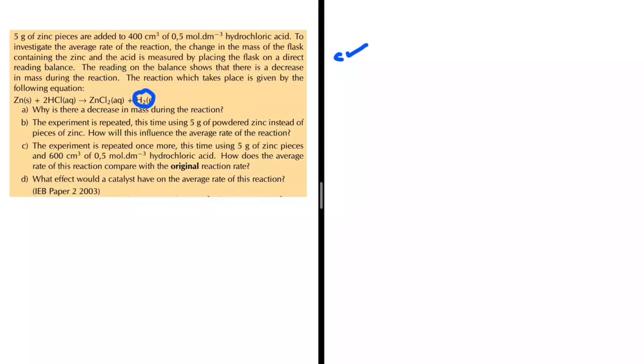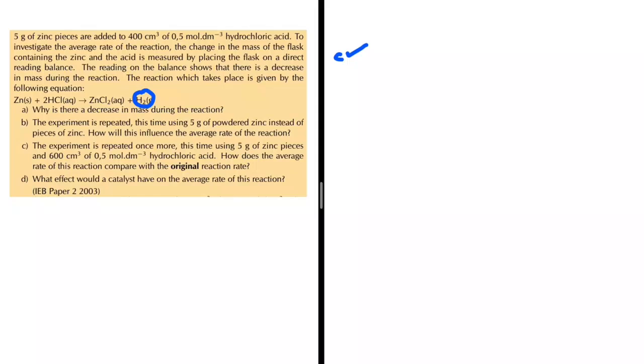But the reaction might go on for longer because we have more number of moles. Ultimately, the number of moles per unit volume is still the same because the concentration has not changed. So the rate of reaction when we've increased the volume to 600 centimeter cube will be the same as our initial conditions where the volume is 400 centimeter cube.